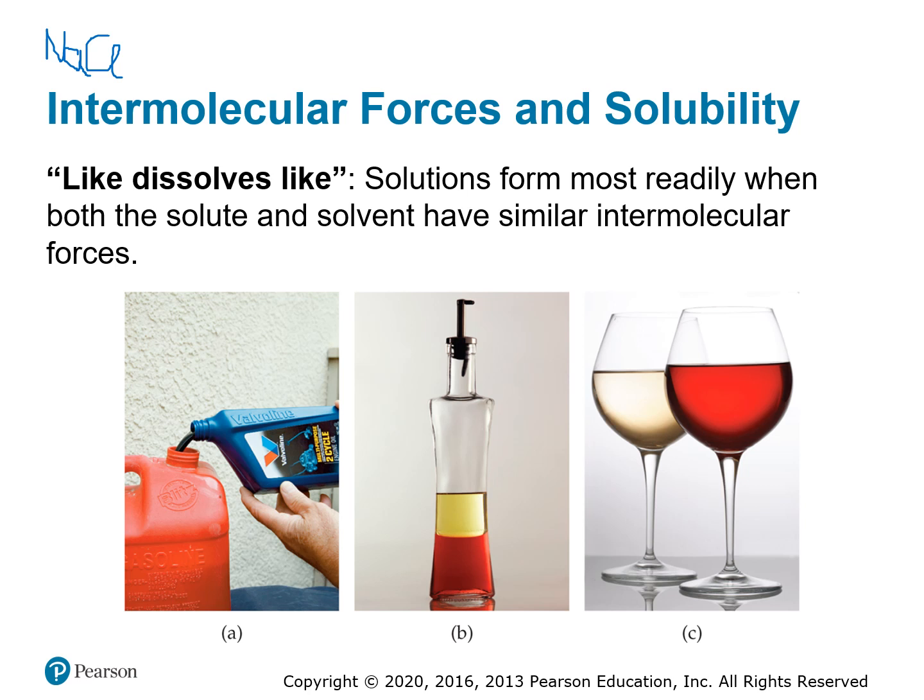And they're somewhat similar in strength, so it compensates for that. So that's the principle of like dissolves like. So typically, when things are ionic or very polar, they tend to dissolve in a polar solvent. Water is a polar solvent. Sodium chloride is an ionic compound which dissolves in water.